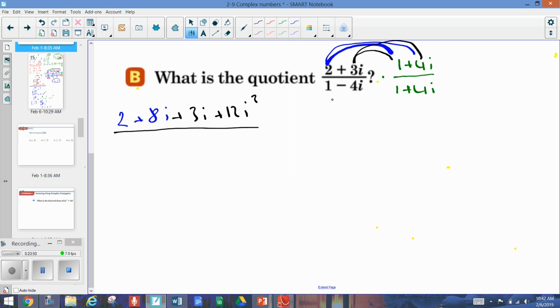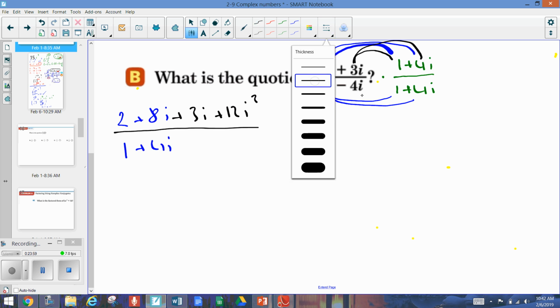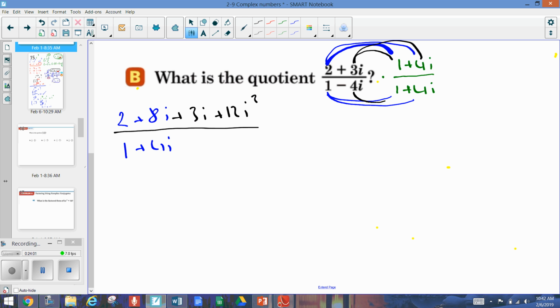Now 1 times 1. 1 times 4i. And negative 4i times 1, negative 4i. See, that was our goal, right? Plus minus cancels out. Did you see that? That's why I'm multiplying with the conjugate of it. And then negative 4i times positive 4i, negative 16. Right.